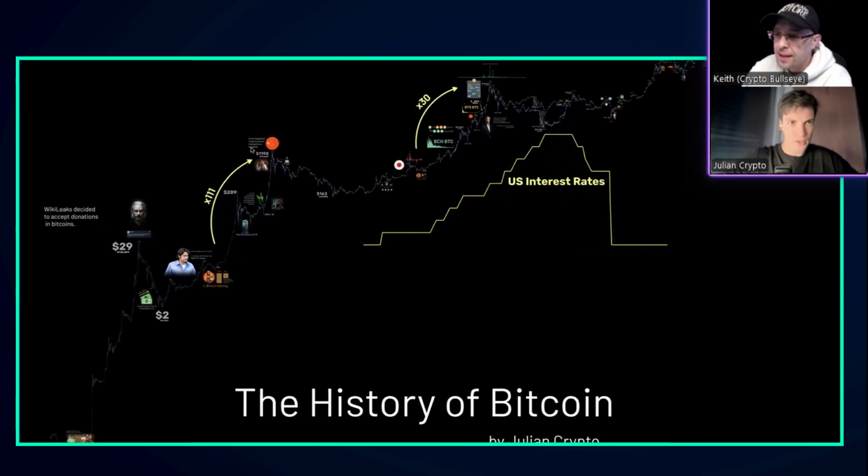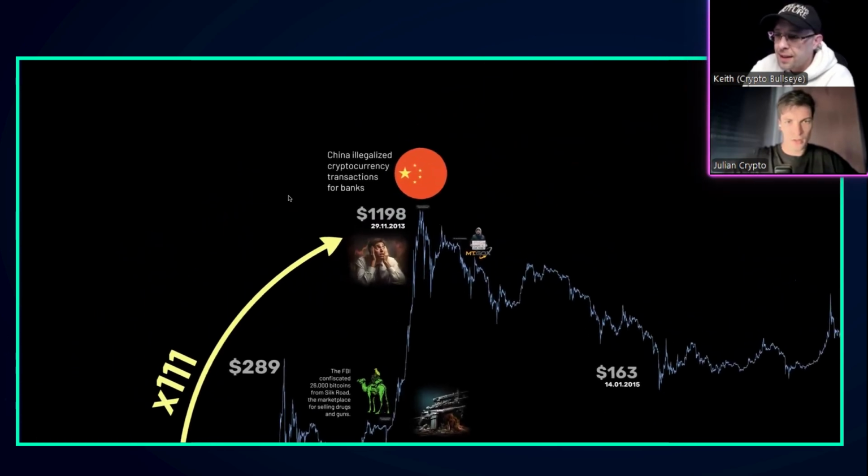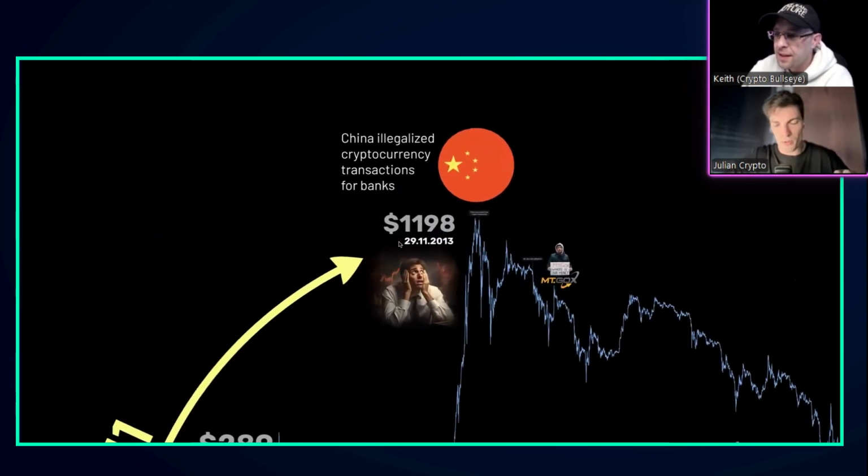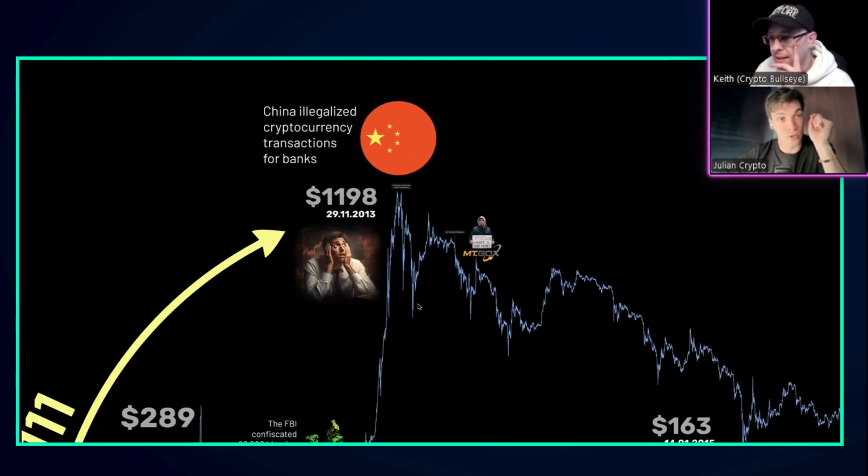All right. So in 2013, just at the top, at around 1200 for one BTC, there was a main event: China was making cryptocurrency transactions illegal for banks. And that information caused the first huge, significant drop.